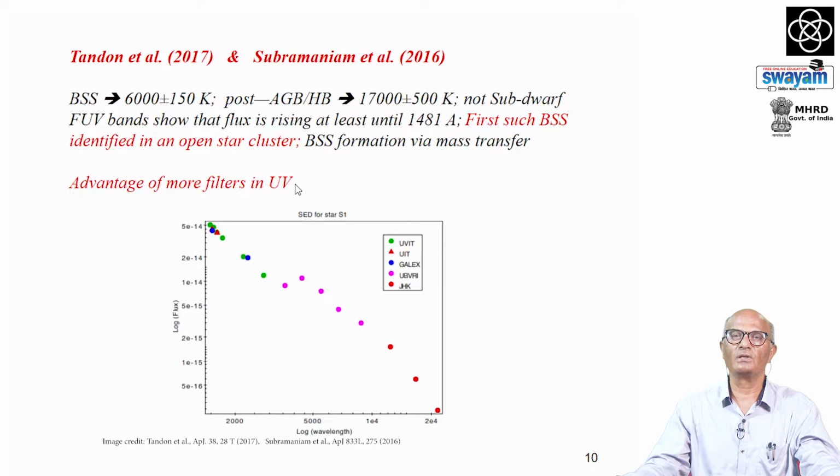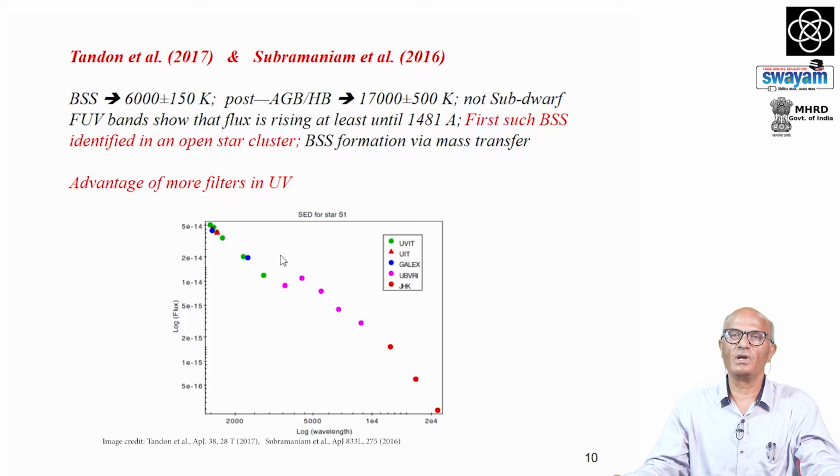And what is the main advantage of ultraviolet? It has a number of filters much larger than in any other space probe at such wavelength. So, as we can see, we have filled those gaps which were not possible otherwise with these UV observations, and other observations in the near IR and optical region are taken from the published archive, and we can fit a beautiful spectral energy distribution.